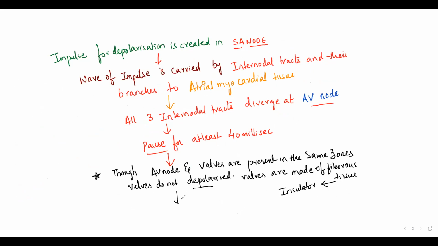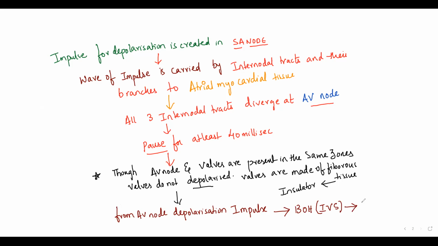So let me write the next step for you, children. As we have seen, the impulse does not pass through the valves, but it passes into the AV node. From the AV node, the depolarization impulse is carried into the bundle of His in the interventricular septum.